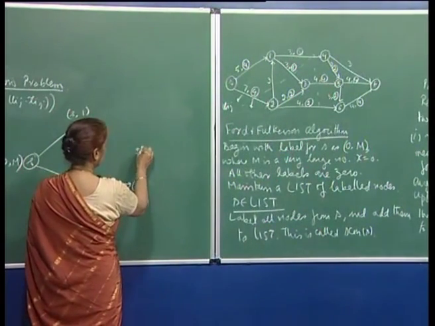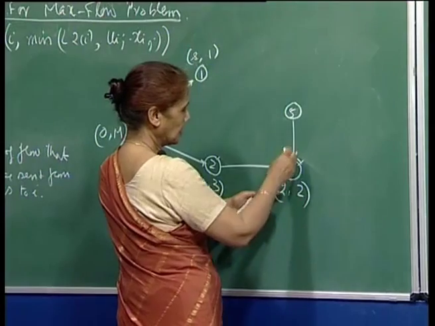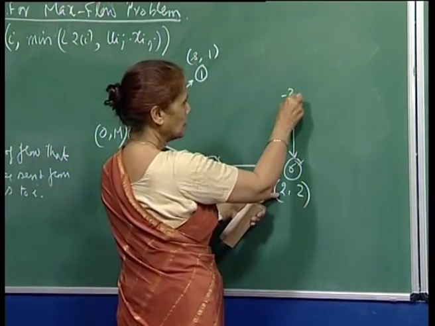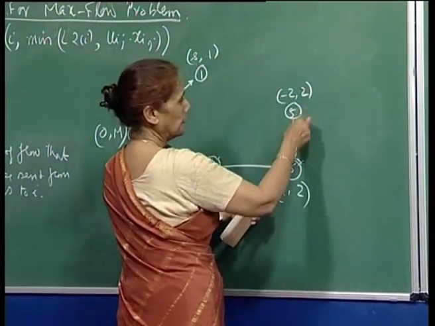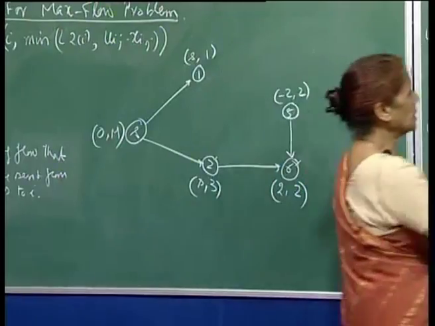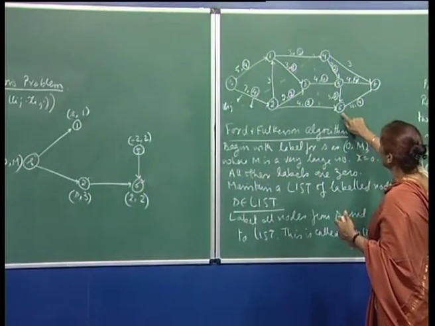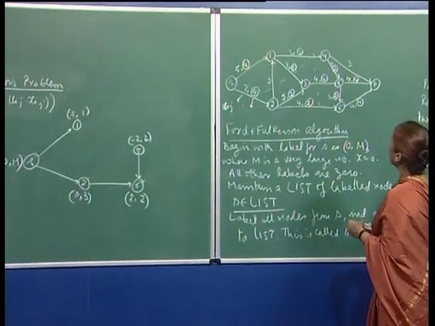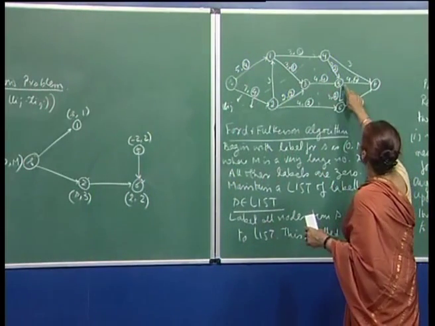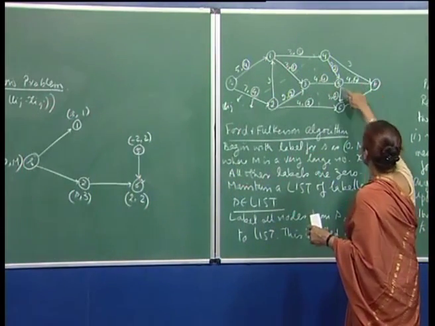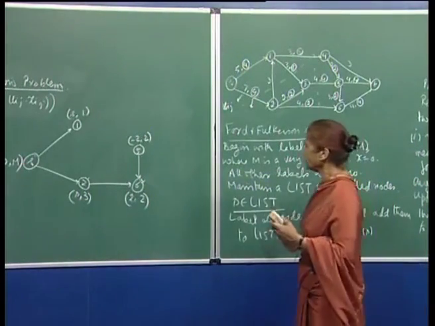I will label 5 here, but what will be the labels? Remember it is backward, so it will be -2 and 2, because I can reduce the flow by 2 units. 2 units is here, and so the minimum of this and this number is 2, so I can do it this way, right.